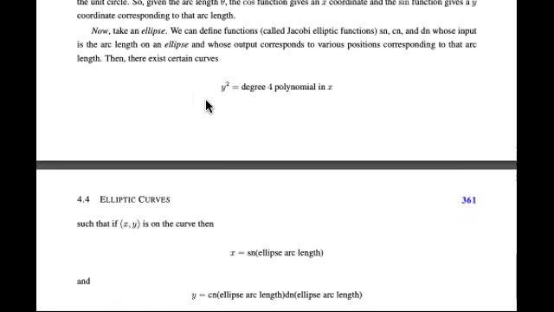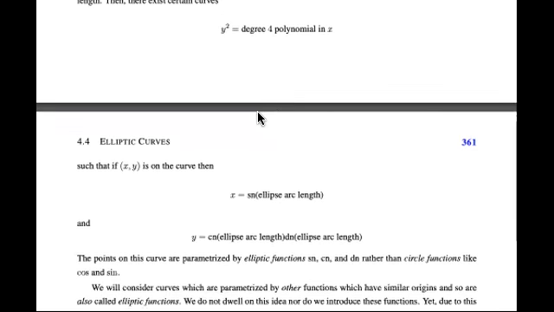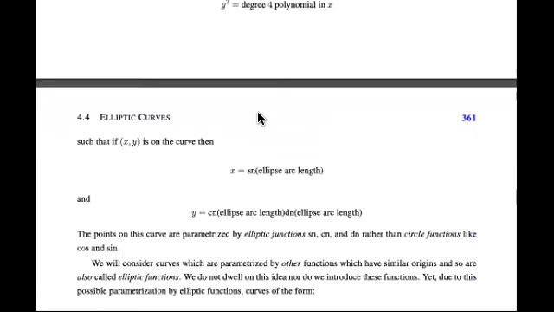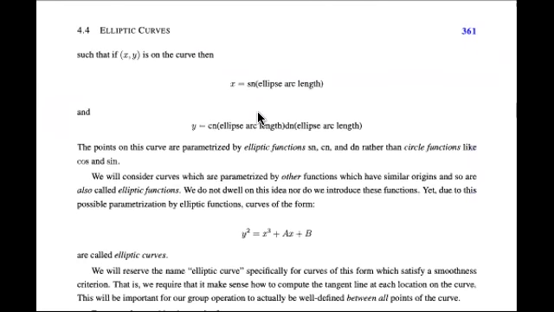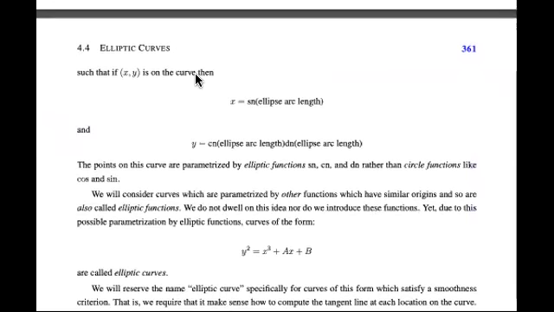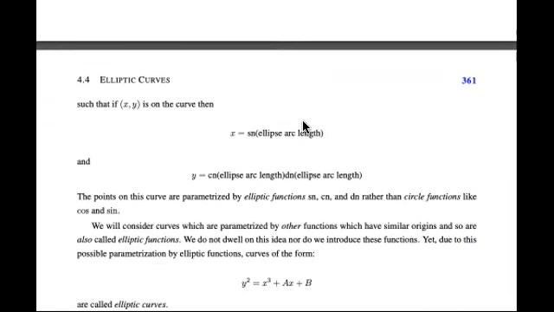There are particular curves, or polynomial-type graphs in y and x, that are also parameterized, but not by circular functions, by elliptic functions. In particular, here's a parameterization: x is equal to Sn of ellipse arc length, y is equal to Cn times Dn, where these are different elliptic functions.